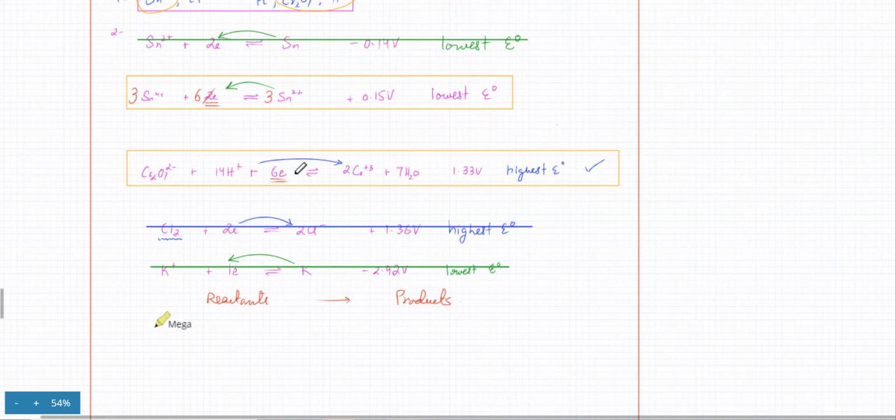So the reactants in the first one is 3Sn2 plus. The reactants in the second one are Cr2O7 2 minus plus 14H plus, and the products. The products in the first equation are 3Sn4 plus.